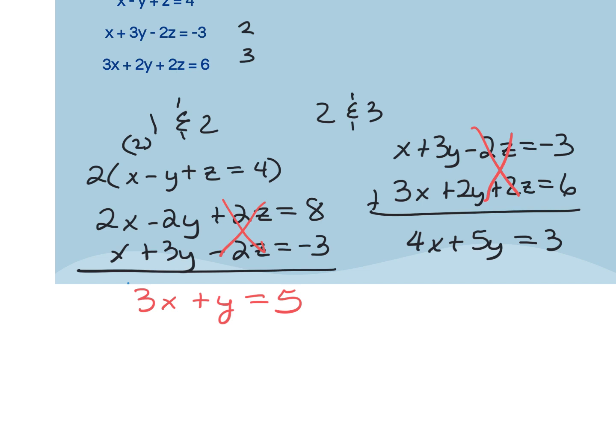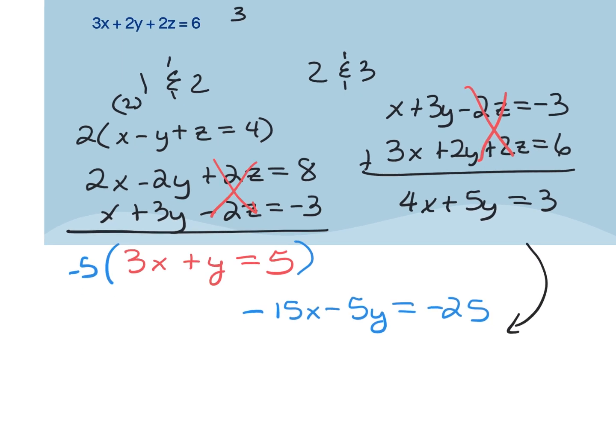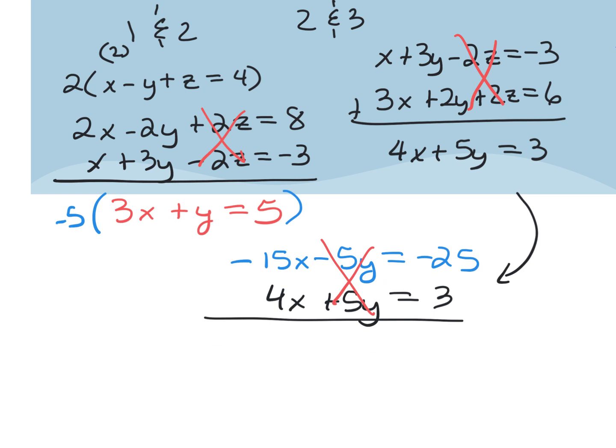I'm going to multiply this equation by a -5. So this will become -15x minus 5y equals -25. Bring this one down. Add them up. The y's cancel, and -11x equals -22.